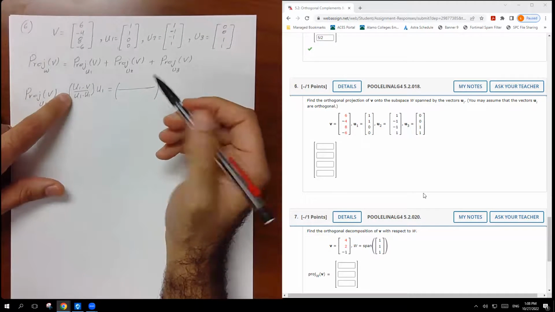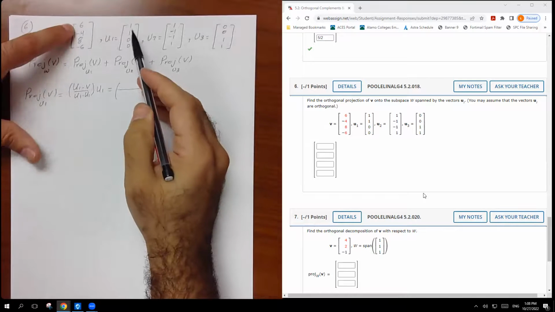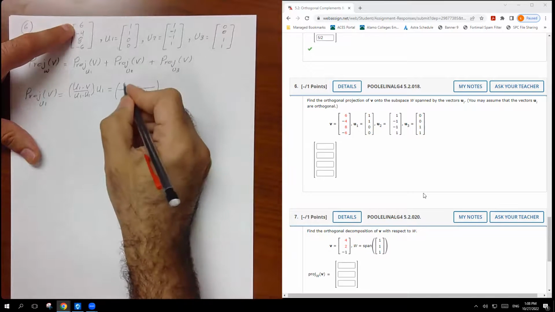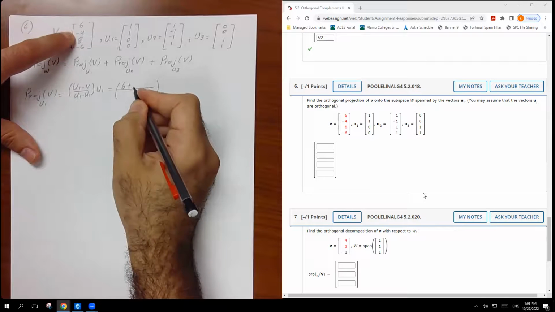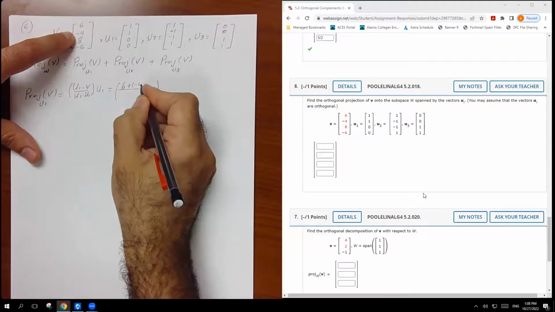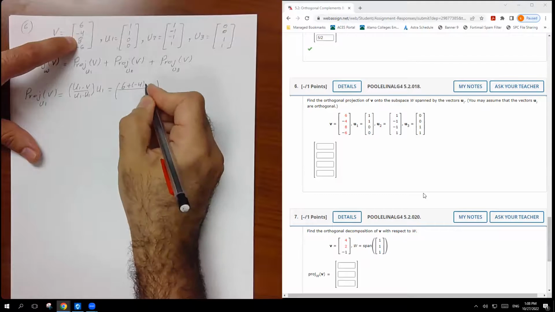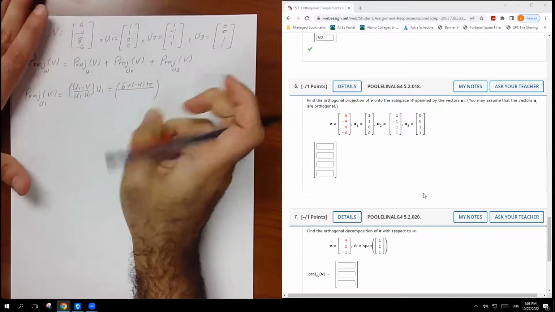So let's do the dot product between U1 and V. So 6 times 1 plus -4 times 1, plus 8 times 0, so plus 0 plus 0.